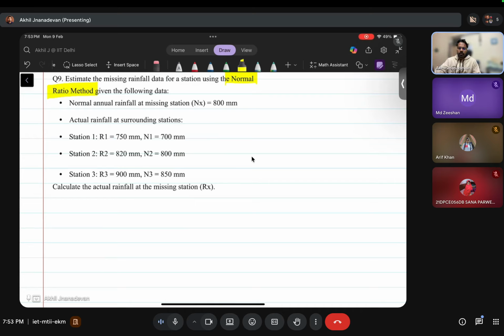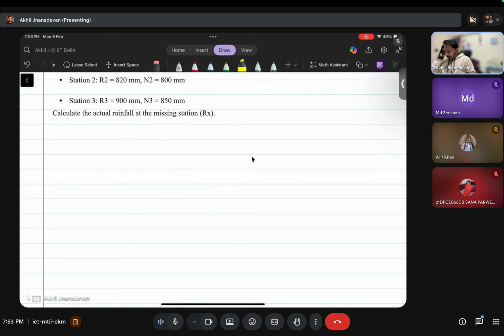For a particular station, over a long period, usually 30 years, the mean rainfall that has occurred is called the normal rainfall. If in some particular year the rainfall is missing, we can make use of the 30-year data we already have to find the missing rainfall of that station. That is the meaning of the normal ratio method.